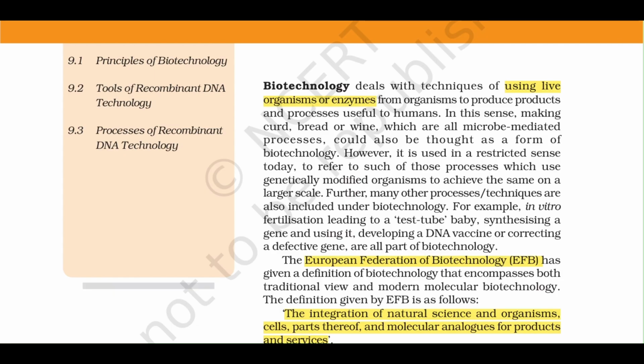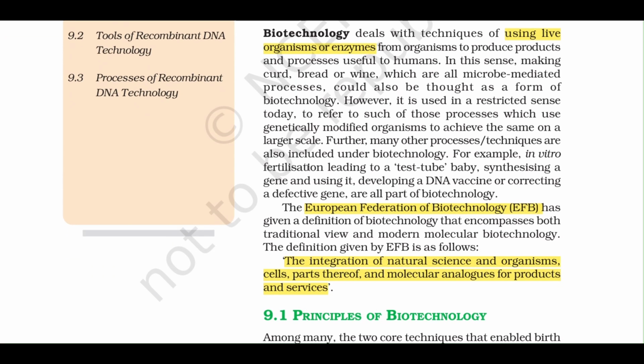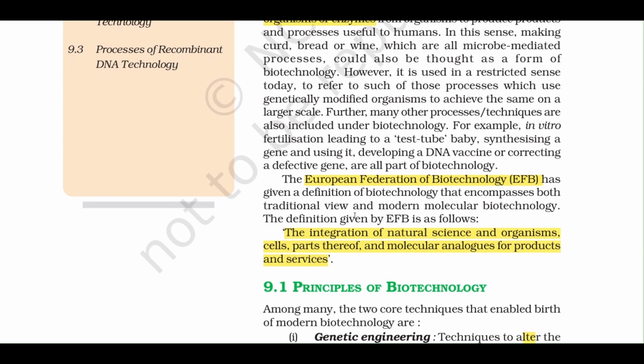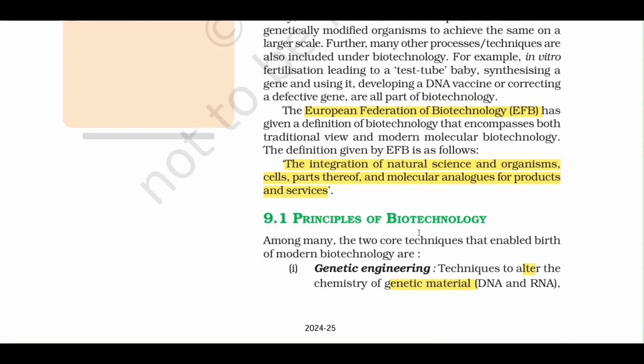We are not going to emphasize these points. The definition of biotechnology is: the integration of natural science and organisms, cells, parts thereof, and molecular analogs for products and services.